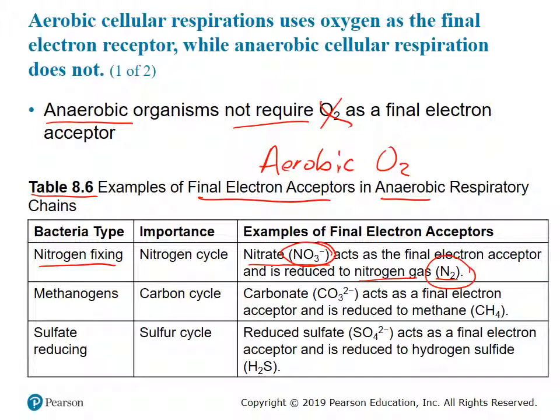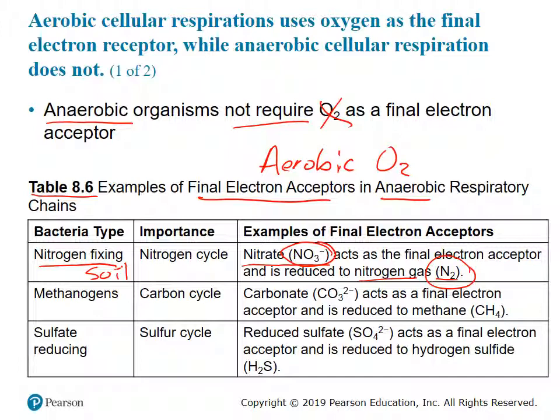Now, how is this relevant to some of these things? Where do you see this in the real world, right? A lot of the bacteria, for example, that you find in soil are what we call nitrogen fixers or fixators. And in fact, they take nitrate from decomposed, let's say, plant life that's dead. They'll actually decompose that or decompose deceased living organisms, right?